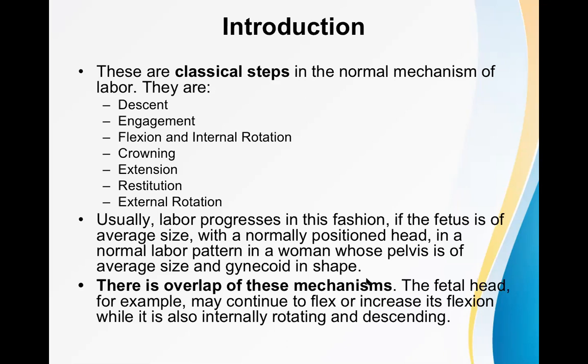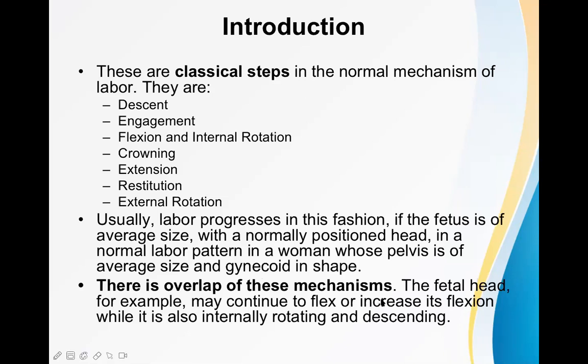That is the meaning. Though there are so many important terms highlighted, the point is that if everything is normal, these classical steps are followed. If the pelvis is android, meaning a male type of pelvis, which some ladies have, then probably there is some amount of obstruction occurring, and this classical rotation cannot happen.